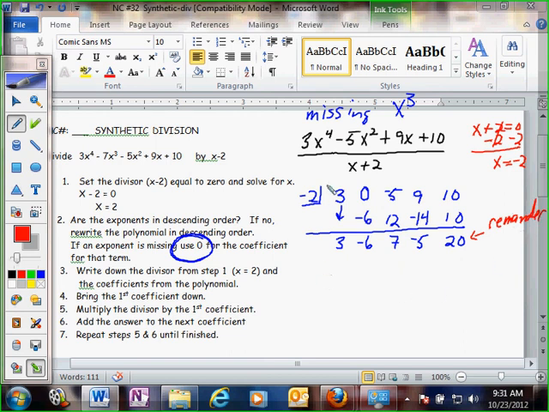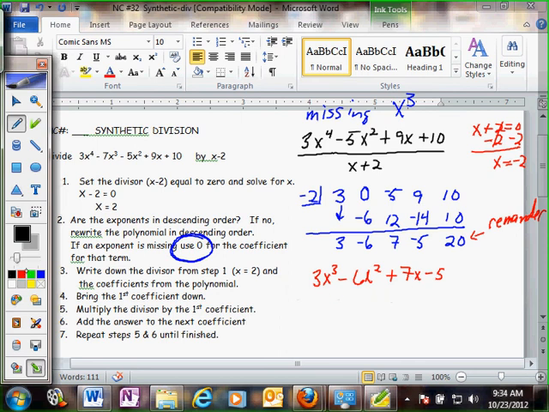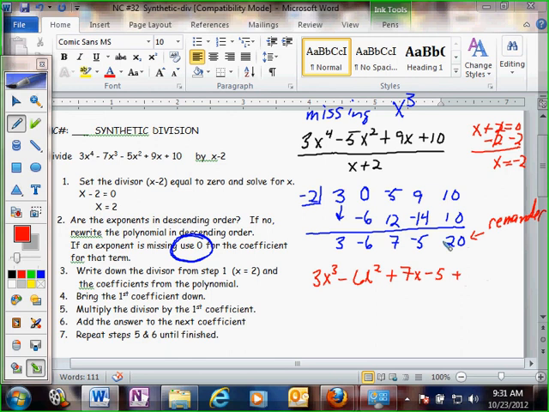So how do I write this? Well, the highest power I started with was 4. I divided out 1x, so the highest power in my answer is going to be x to the third. So I have 3x to the third minus 6x squared plus 7x minus 5, and then I have this remainder, so plus my remainder, which is 20.